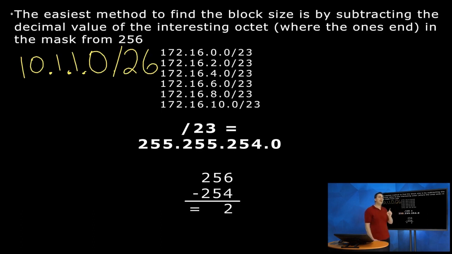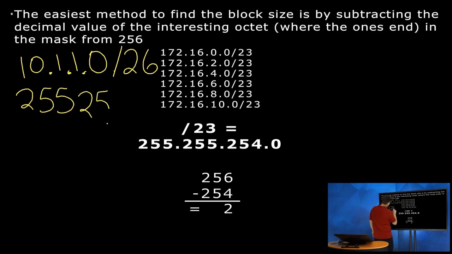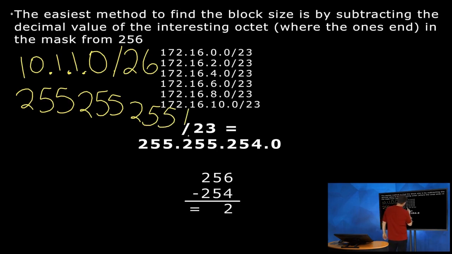But what if you weren't given slash 26? For example, in this case, let's say we are looking at the output of our router, and by analyzing the output of the router, we see this instead. So we don't see slash 26. Instead, we see 10.1.1.0, 255.255.255.192.